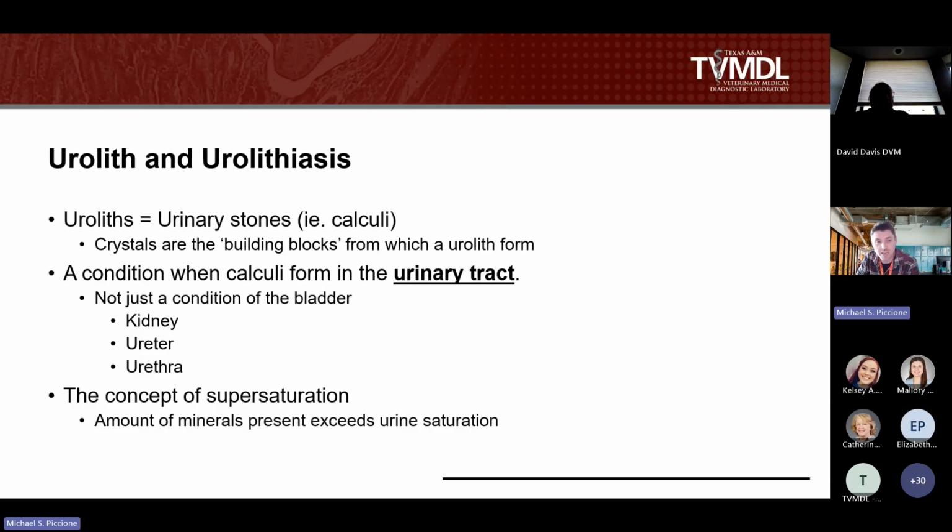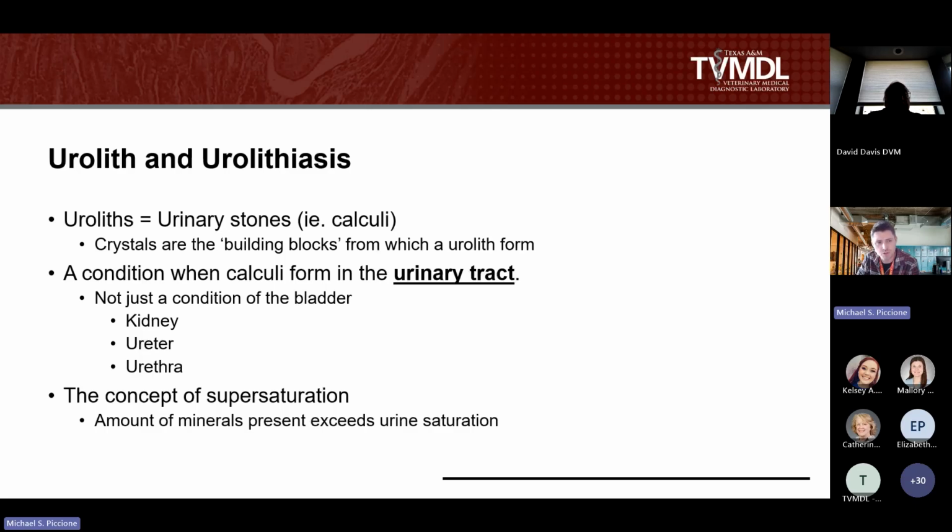I do also want to make a note, and a lot of this may be common sense, but crystals are going to be the building blocks from which all these uroliths are going to be forming. The two are not necessarily synonymous, but I want to make it known because I think this will be very important from a diagnostic standpoint, but also for treatment and prevention, which we'll dive into a little bit later.